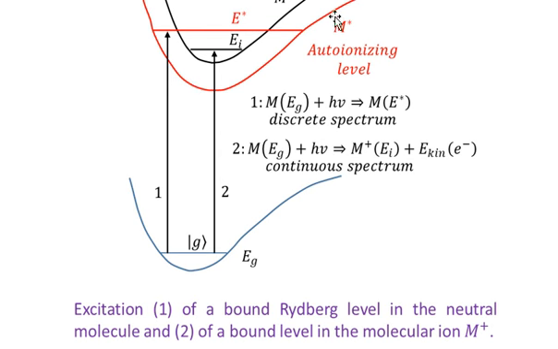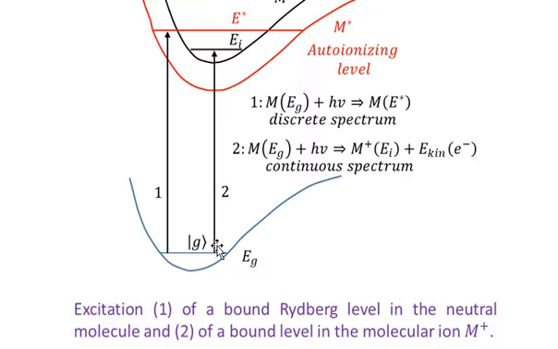For this red curve, I have used the symbol M star. M star means that the molecule is in the excited state. The molecule is still neutral, but in the excited state, because the ground state is this one, shown in blue.